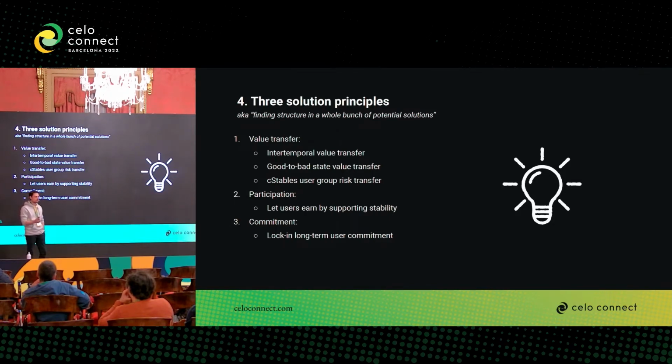So that's a third thing you can do in terms of value transfer that can actually improve things. And so value transfer underlies a lot of the solutions that came our way.